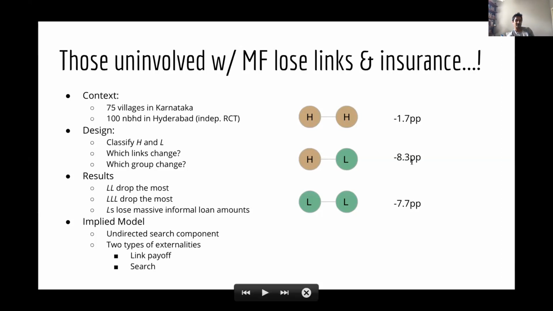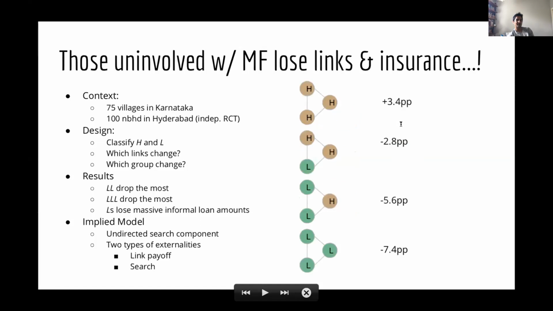So for example, here, mixed types and low type links drop about 8 percentage points, but high types drop about 2 percentage points. If you look at triangles, they're actually ordered in exactly the wrong direction. The triples of pure low types drop the most, followed by a double mixed type, followed by a single mixed type, and the high types actually don't drop.